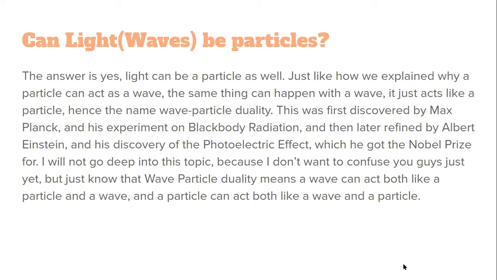That's proof that waves can also act as particles, which was discovered by Max Planck. And Albert Einstein later refined this discovery with the photoelectric effect, which he got the Nobel Prize for. If you got the Nobel Prize for this, I'm assuming it's pretty important in physics, and it is, because this is saying that waves can act as particles and particles can act as waves. That's what wave-particle duality means.